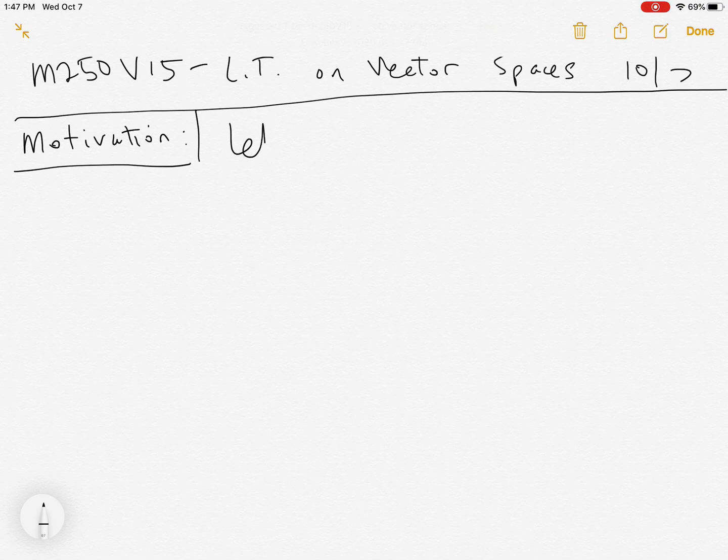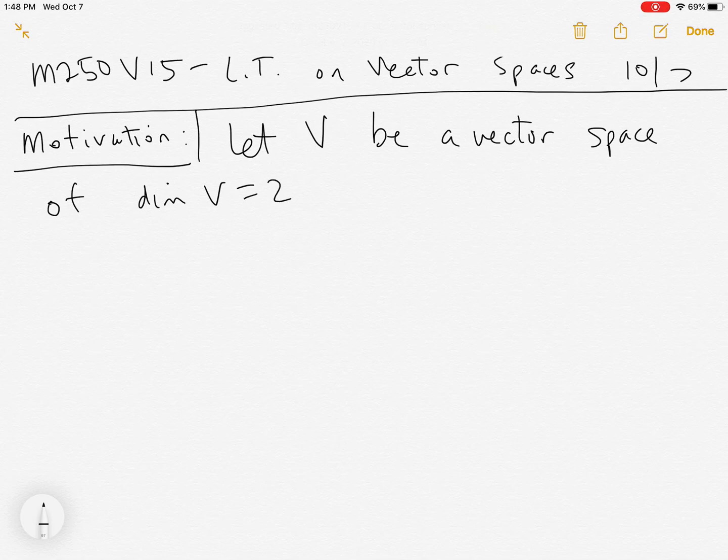Let V be a vector space of dimension 2, and W a vector space of dimension 3.